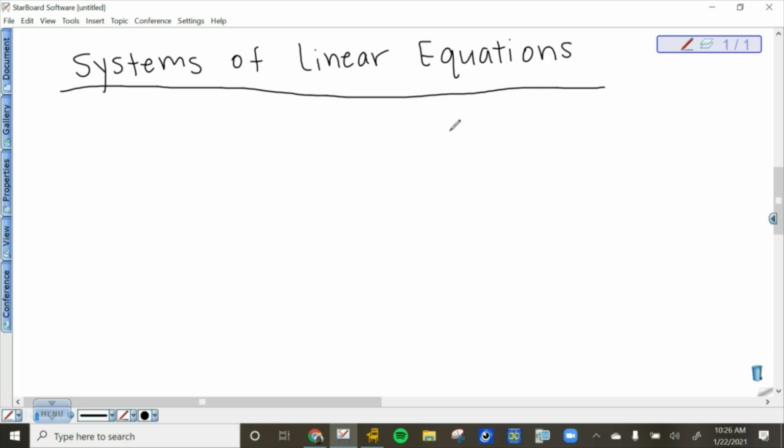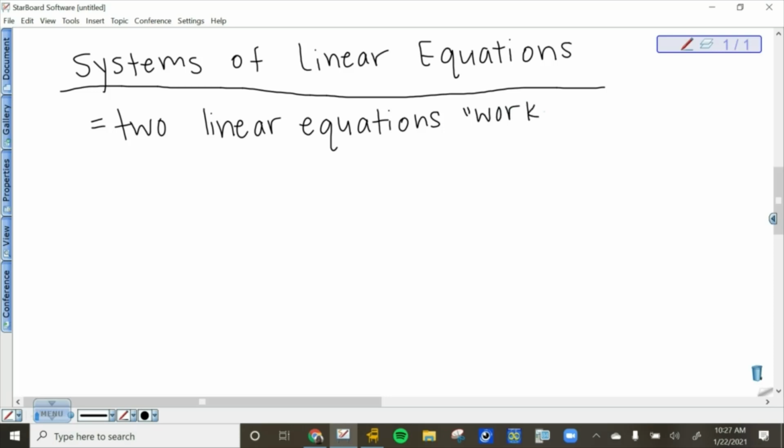We're just going to look at two for right now. And we kind of think of them as working together. What I mean by that is they're using the same variables.